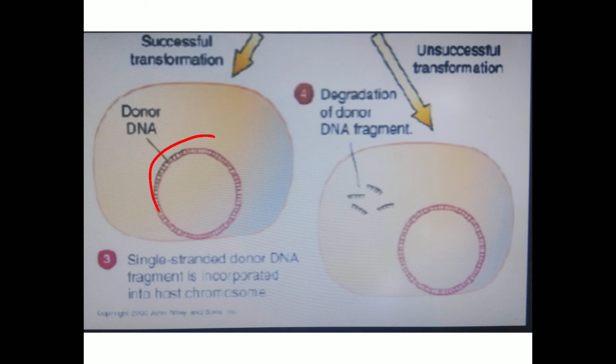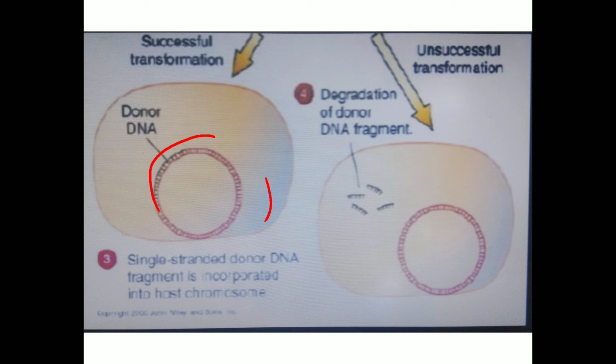Then it is called a successful transformation process in bacteria. So what is successful transformation? When the single stranded donor DNA fragment is incorporated into the host chromosome, or the bacterial chromosome, it is called successful transformation.